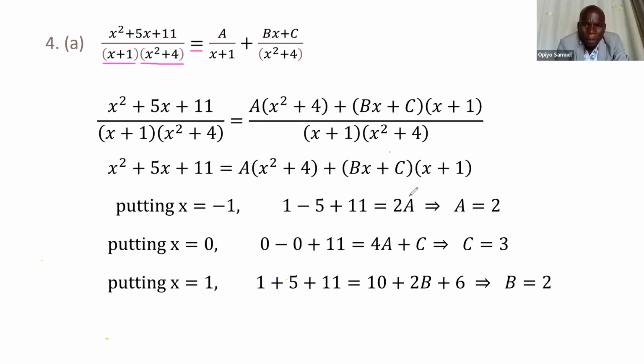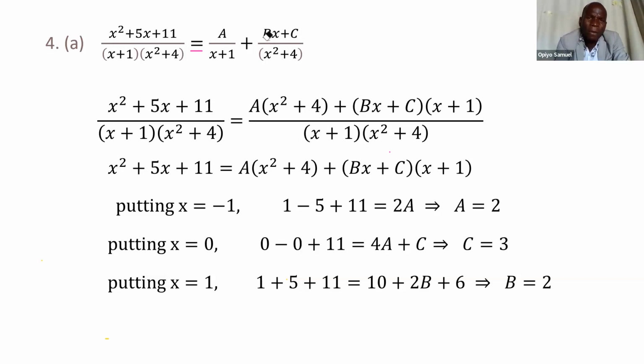Now that it is a proper fraction, we can express it in the form of a constant over the first factor, since the first factor is linear, plus bx plus c over the second factor, which is quadratic. Since it is quadratic, you need to write in the numerator a polynomial of degree less than the denominator by 1.